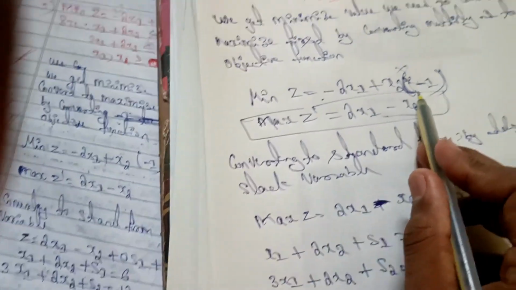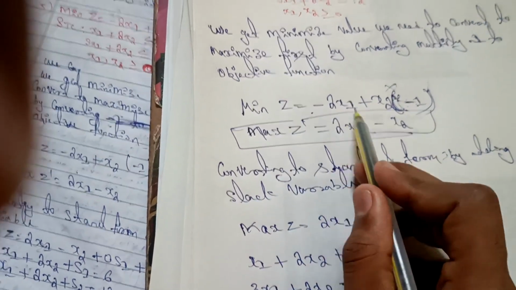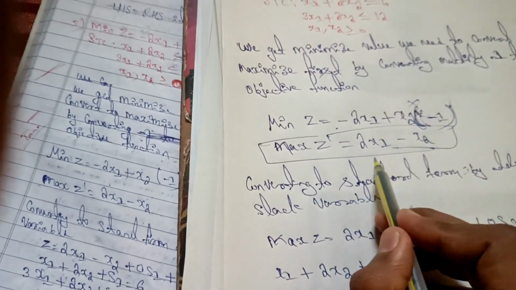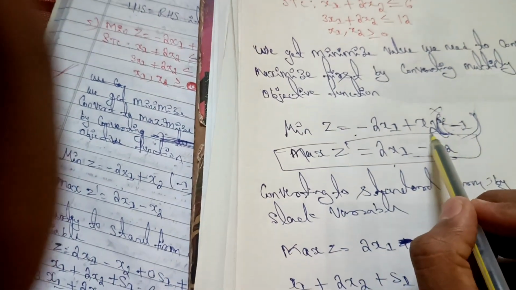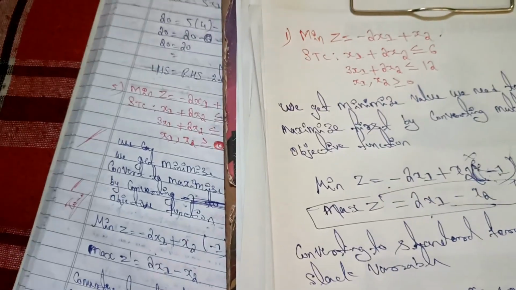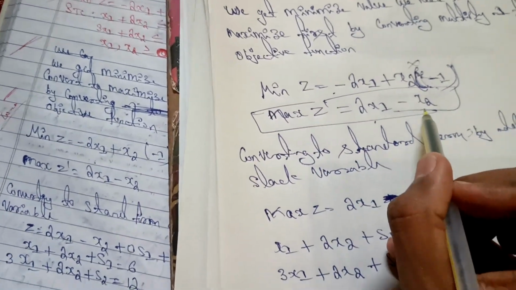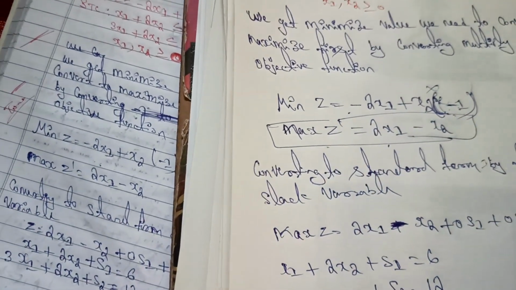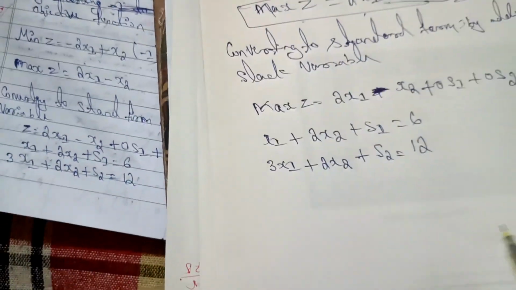See here, minus 1 into minus 2x becomes plus 2x, because minus into minus is plus. And minus 1 into x2 becomes minus x2, because plus into minus is minus. That is the one extra step for converting minimum to maximum. After that, keeping this, we convert into standard form.